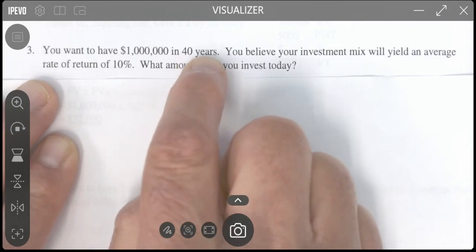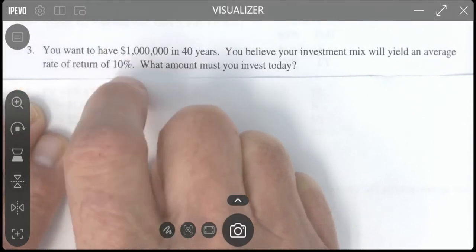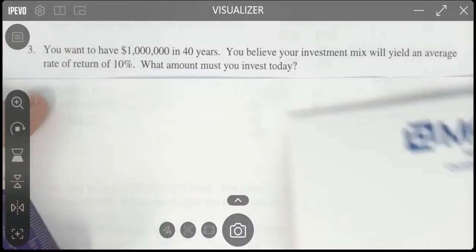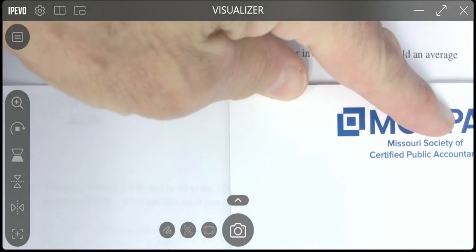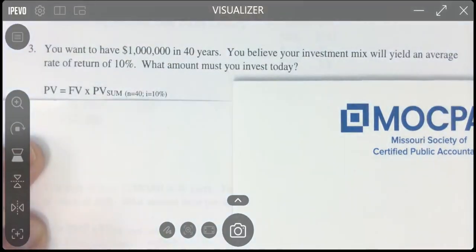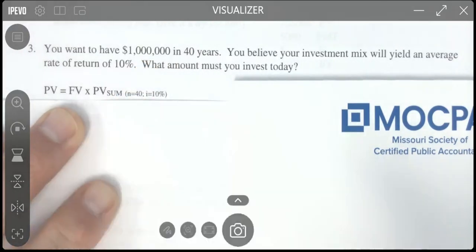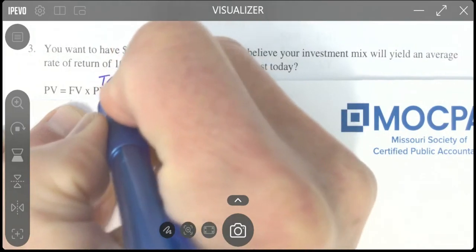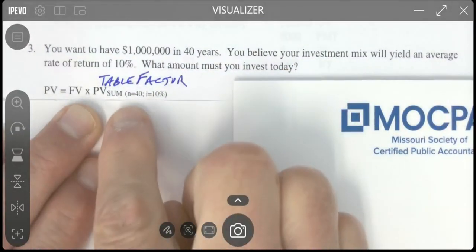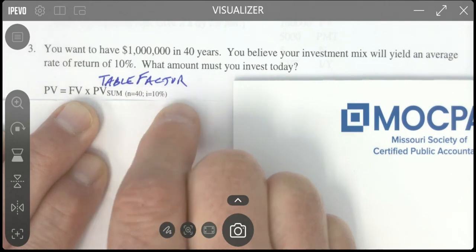We have a known time period, N, and we have a known interest rate, R, or I. So our calculation is the present value is equal to that future value, $1 million, multiplied by the table factor for the present value of a sum for 40 years at 10%.